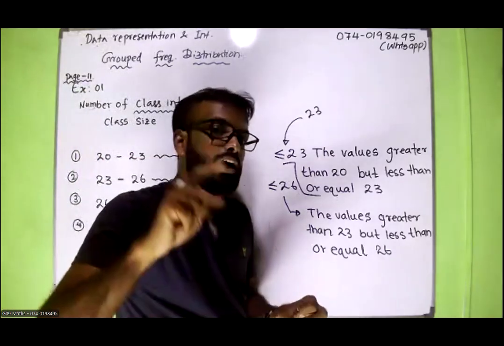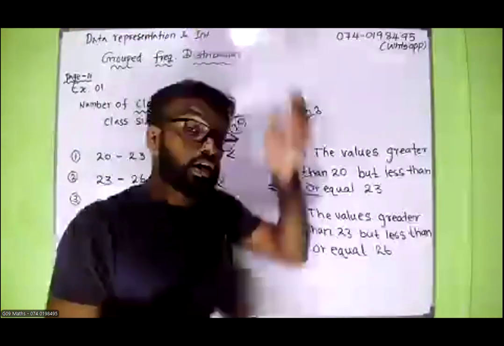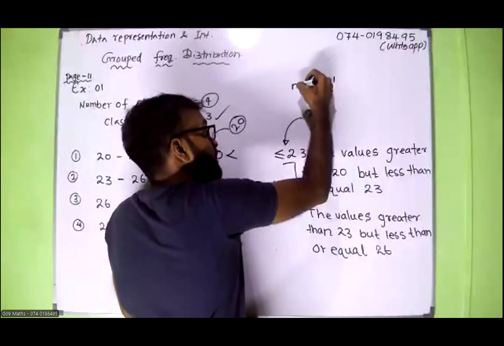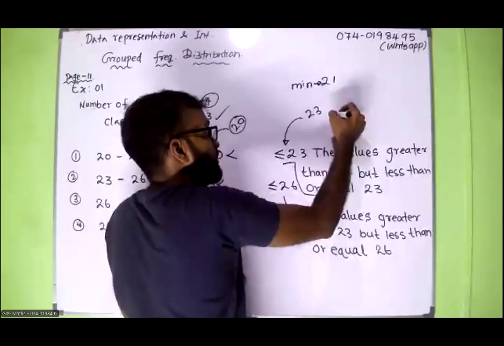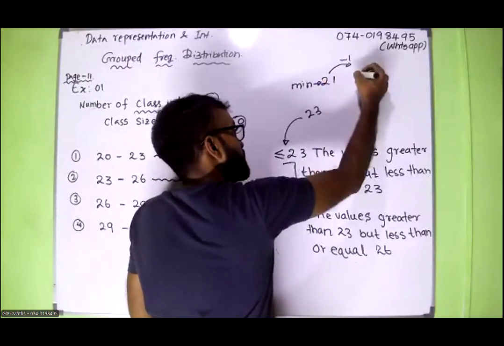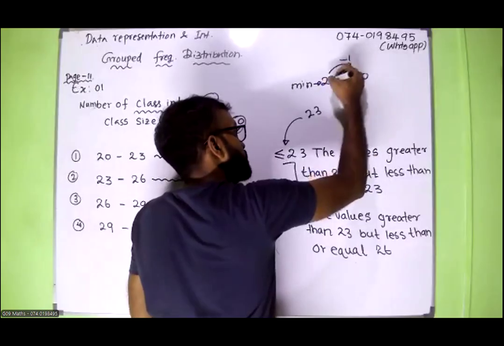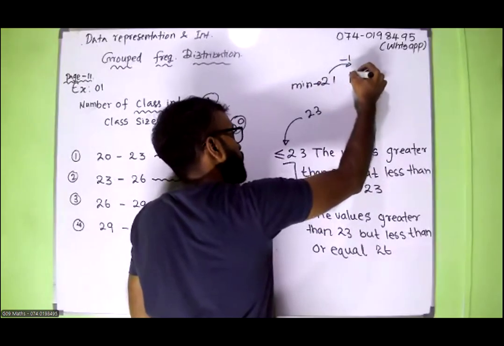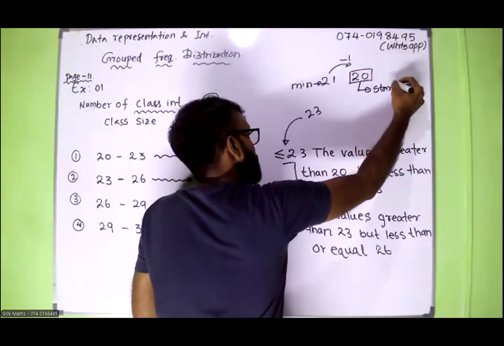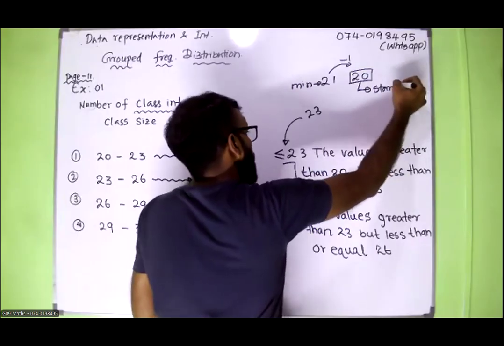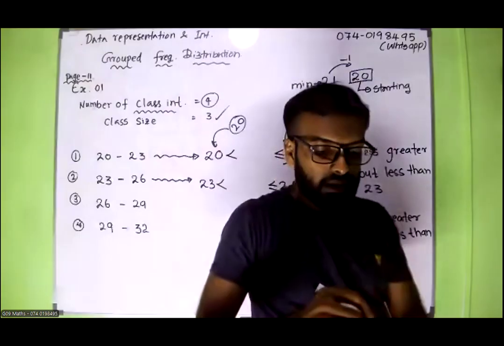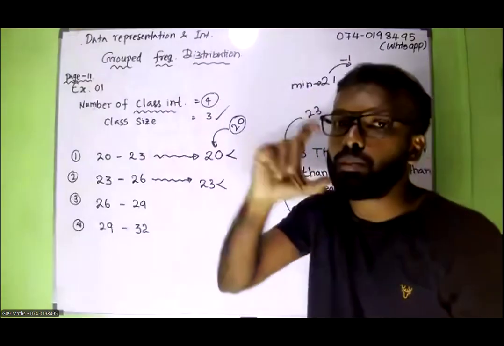Because, as I told you last week, if the minimum value of the data set is 21, you have to subtract 1 from this, and you will get 20. This will be the starting point of the first class interval. That is the important thing that you need to keep in your mind.